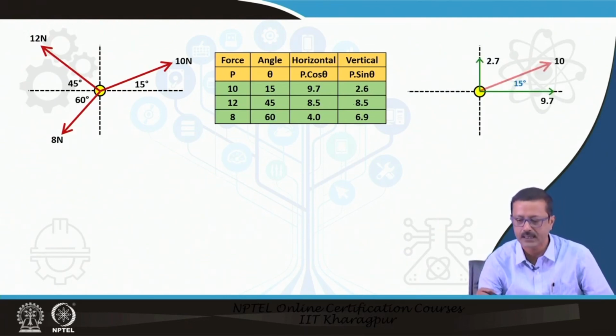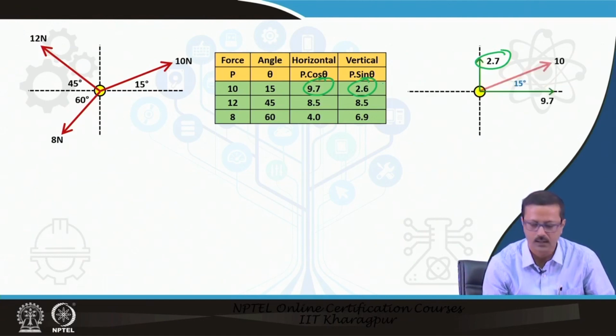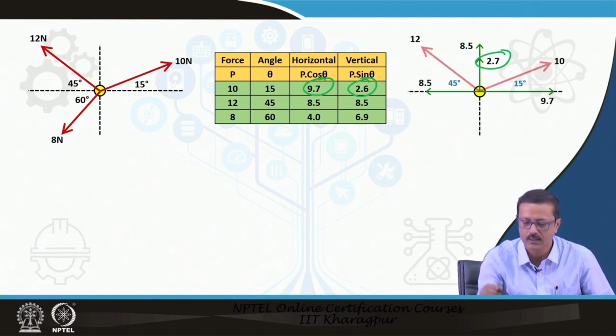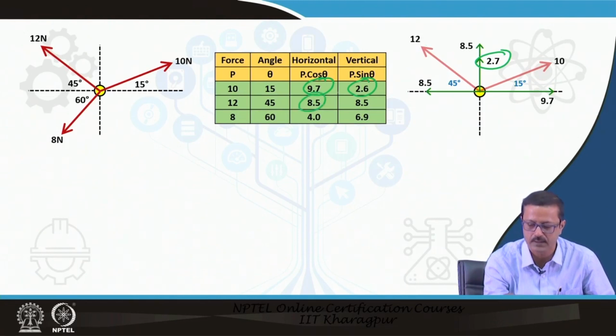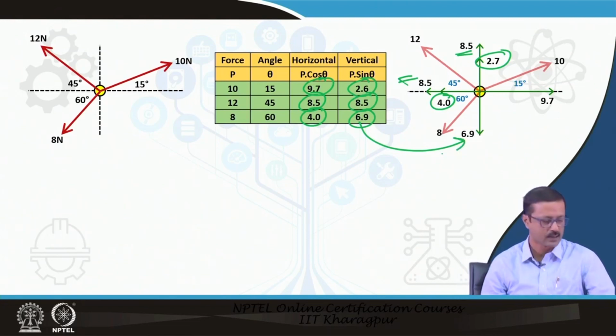If I take the 10 alone, this is 9.7, and 2.6, which is close to 2.7, actually it is 2.7. Similarly, another force is 12, so 8.5 is this, and this is also 8.5 both. And the final is the 8, which is downward 60 degree with x axis, gives 4 as this one, and this is 6.9.